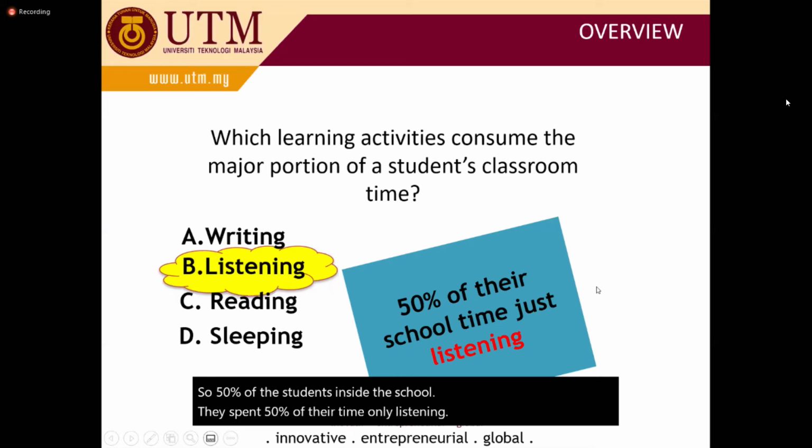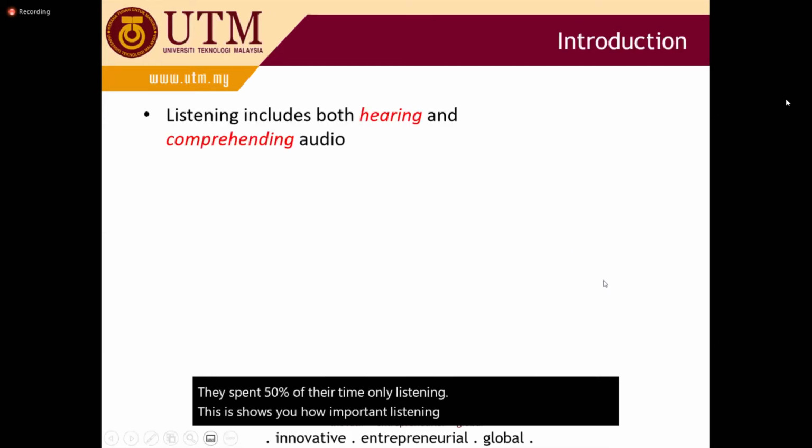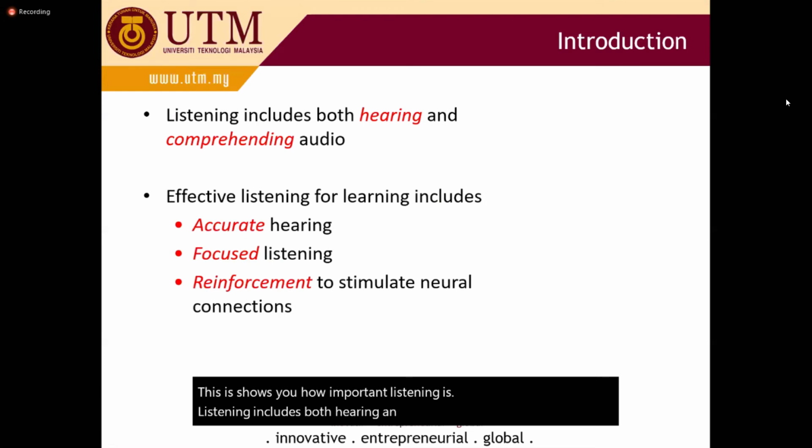This shows you how important listening is. And listening includes both hearing and comprehending audio. And to make sure that we are using effective listening for learning, it should include accurate hearing, focused listening, reinforcement to stimulate neural connections.